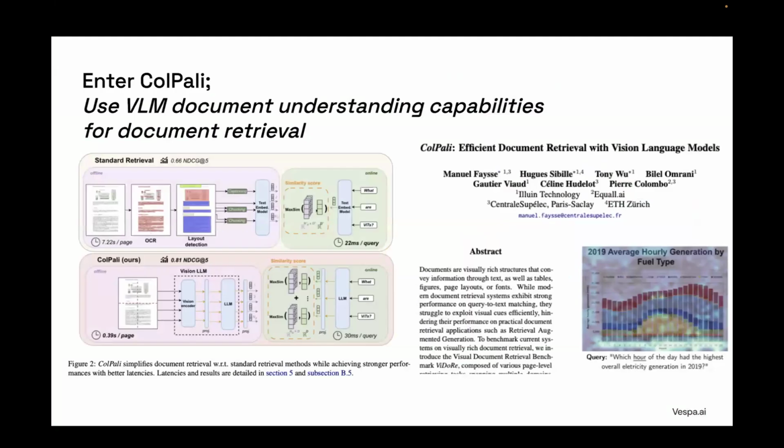Okay, so I mentioned ColPali. That's one type of vision language model.